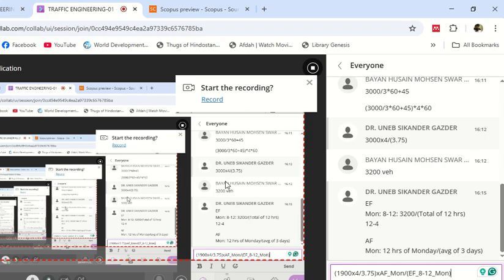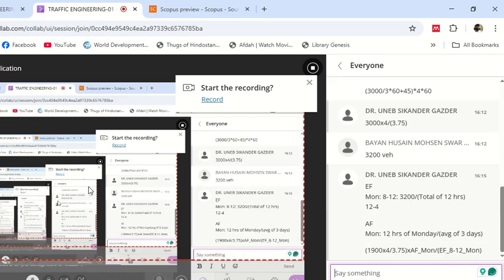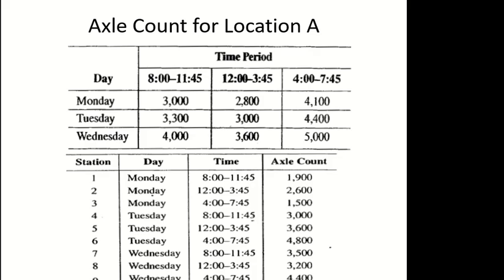Okay, so after you do this step, this will become a 12-hour average count for location 1. This whole thing will become the 12-hour average count for location 1.